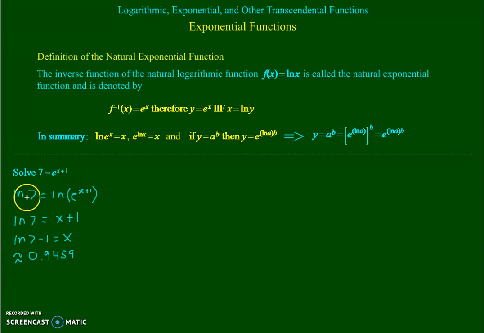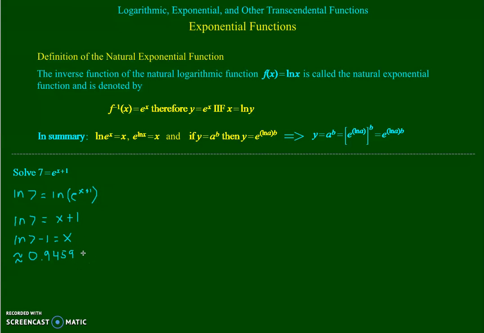Here I take the natural log of 7 and then the natural log of that entire right side. And you can see that these properties up here are coming into play. The natural log of e to the x plus 1 is simply x plus 1. So this becomes ln of 7 equals x plus 1. We subtract 1, that equals x, and that's approximately 0.9459.